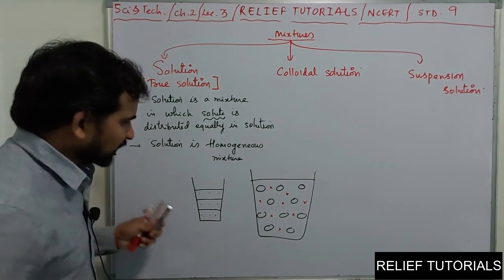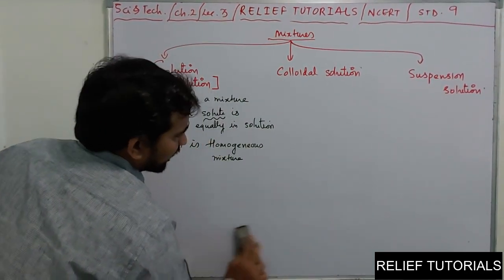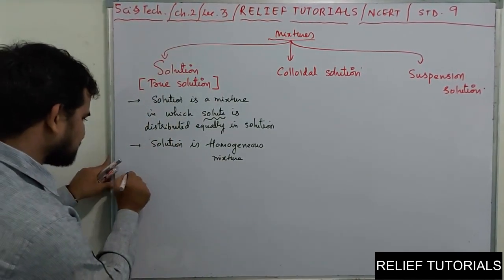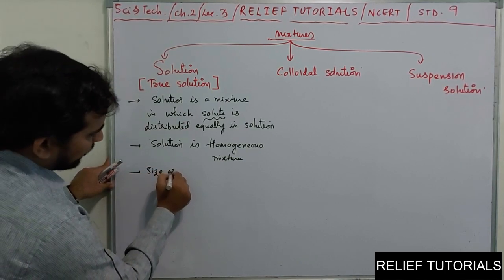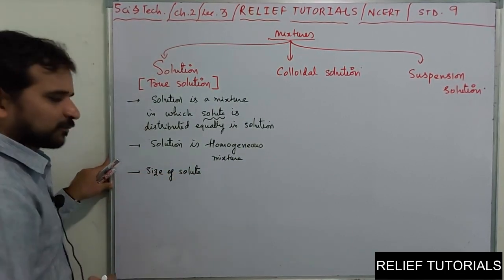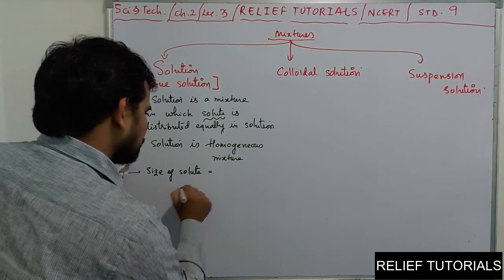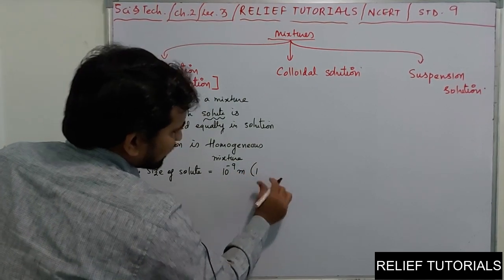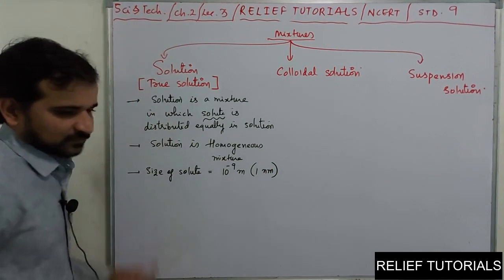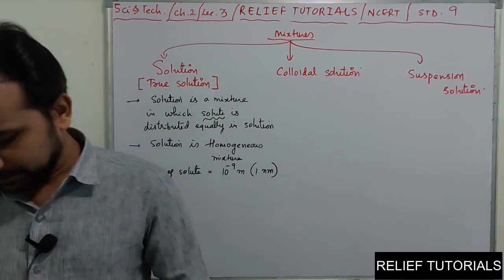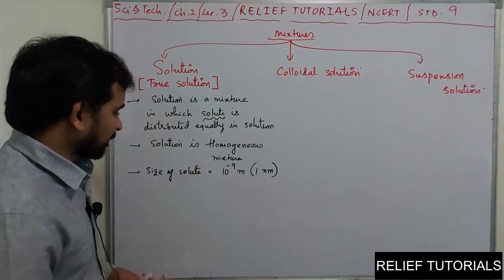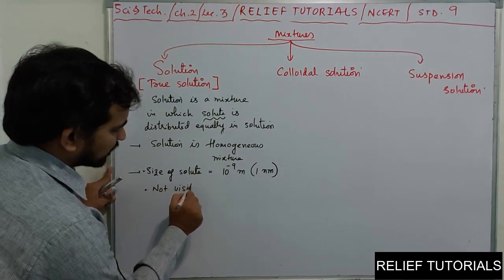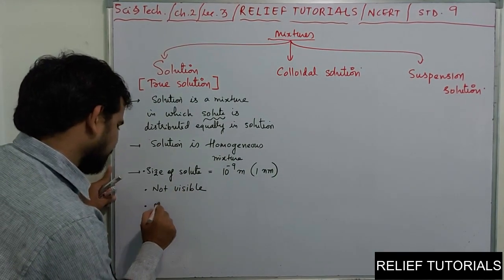So these particles of solute are quite small and they cannot be seen with the naked eye. The size of a solute particle is nearly 10 raised to minus 9 meter, which is nearly 1 nanometer, and not visible with the naked eye.